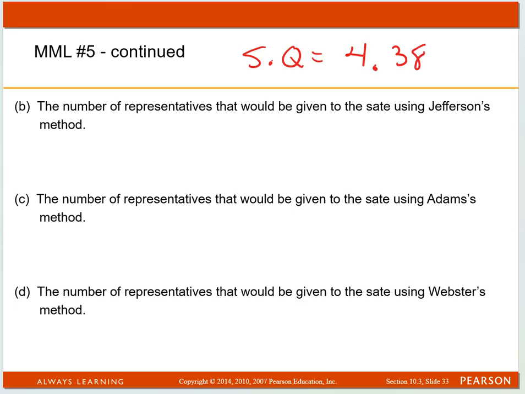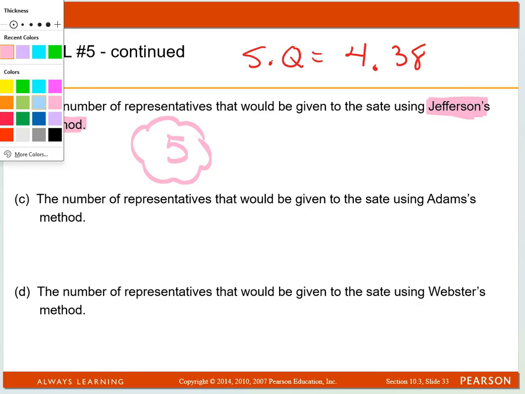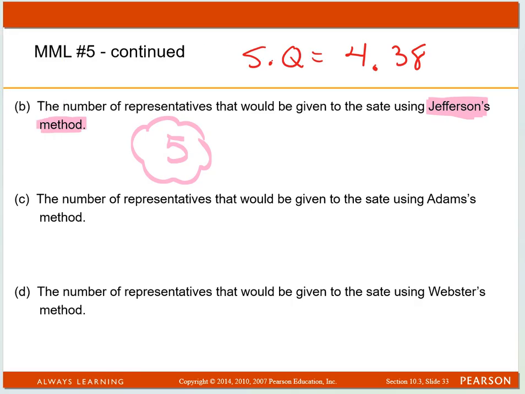So I'm going to do Jefferson. Jefferson's method, he would use the upper quota. So Jefferson would go with 5. 4.38, he's going to go with 5. And then I cannot remember what colors I used. I think it was green.